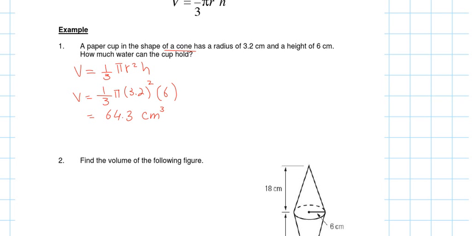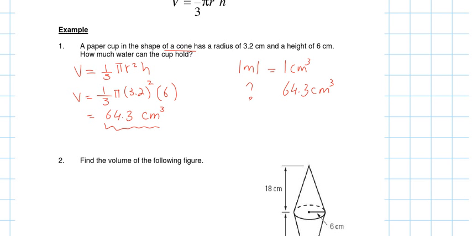Okay, here's the thing. What's the conversion between mil and centimeter cube? Look at your formula sheet. Where's your formula sheet? So if you look, you have 1 milliliter is equal to 1 centimeter cube. So that means if I have 64.3 centimeter cube, how many milliliters would that be? 64.3.